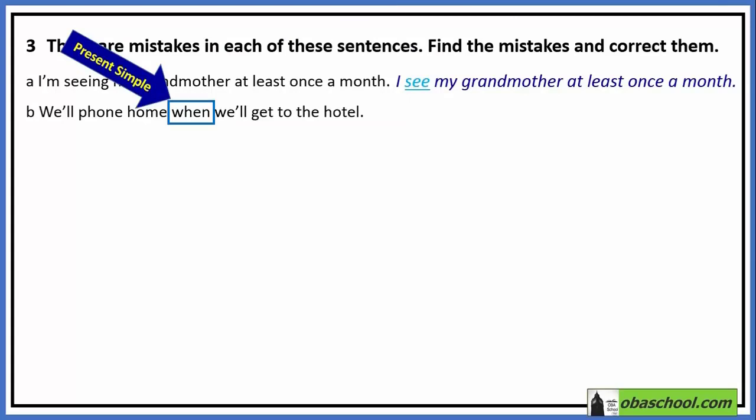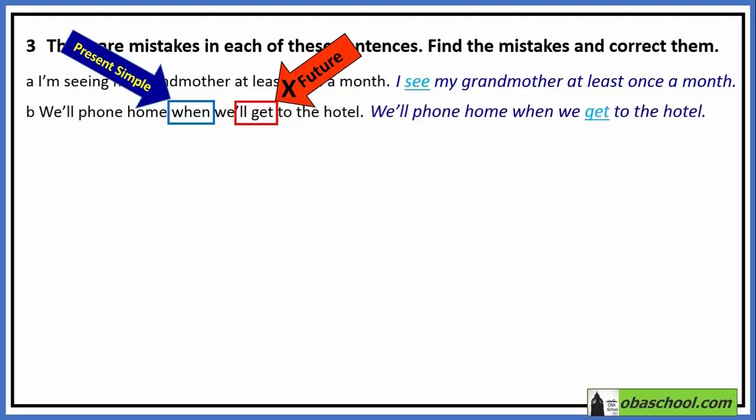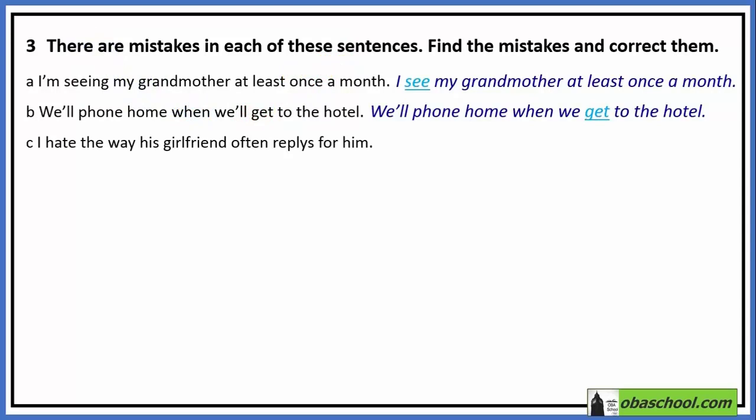So, when we look at the verb in the sentence, which is will get, we can see that it is in the future. So, the mistake is in the verb and we should change it from the future form to the simple present. So, we write get. We'll phone home when we get to the hotel.